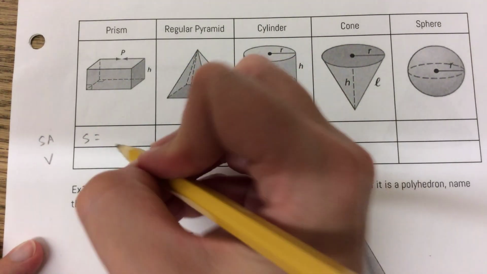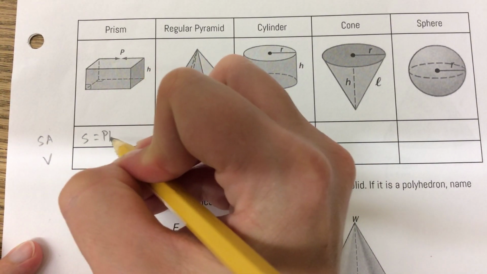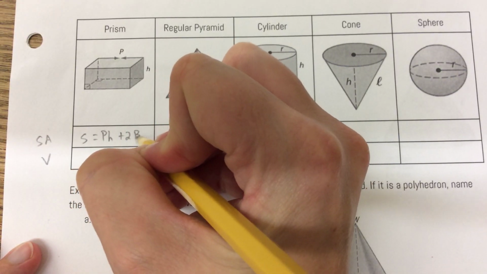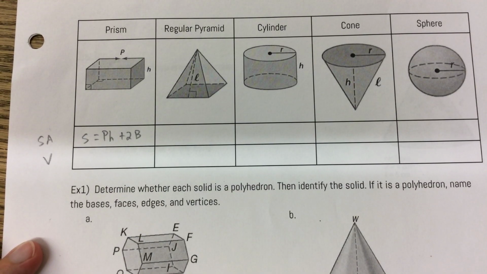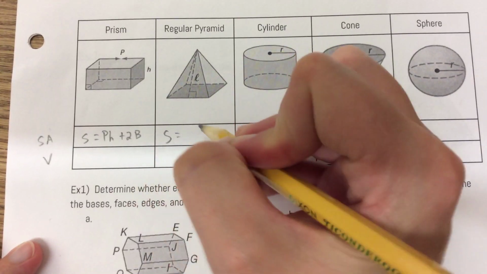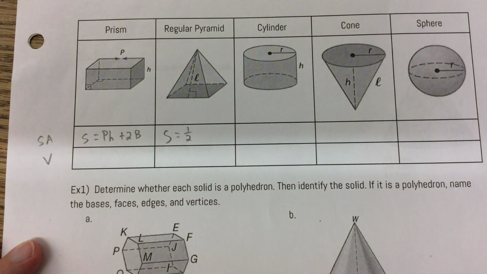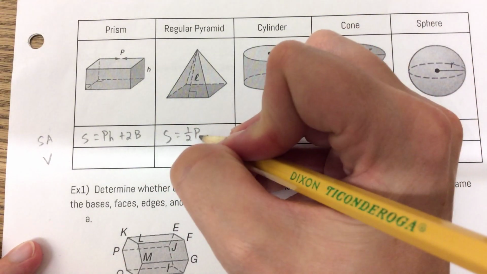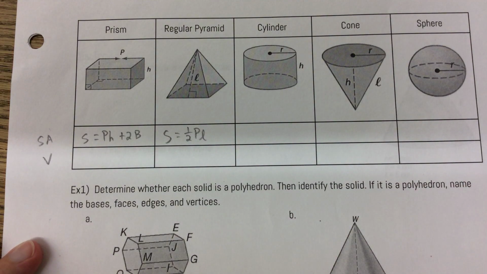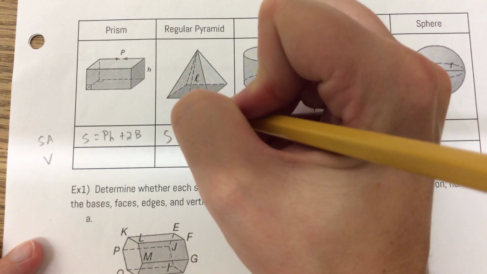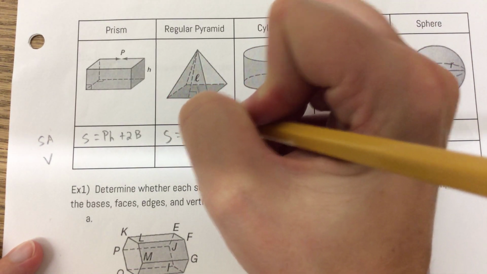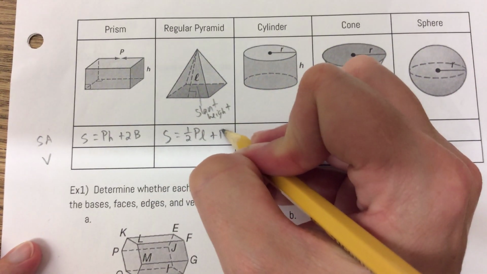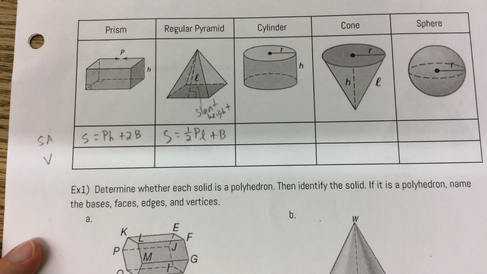So surface area is the perimeter of the base times the height plus 2 times the area of the base. This is 1/2 P L plus B. P again is the perimeter of the base. L is called the slant height. And then B is the area of the base, whatever that is.